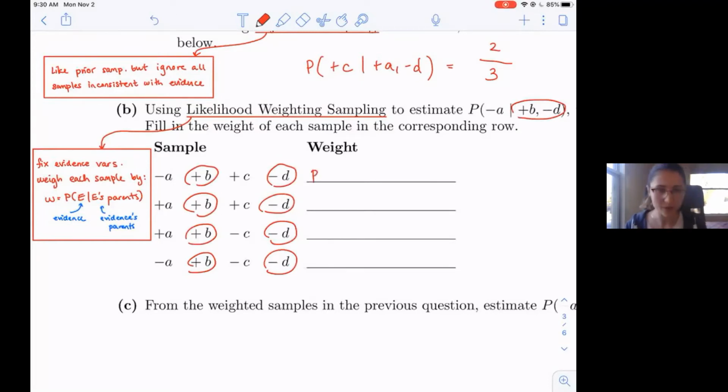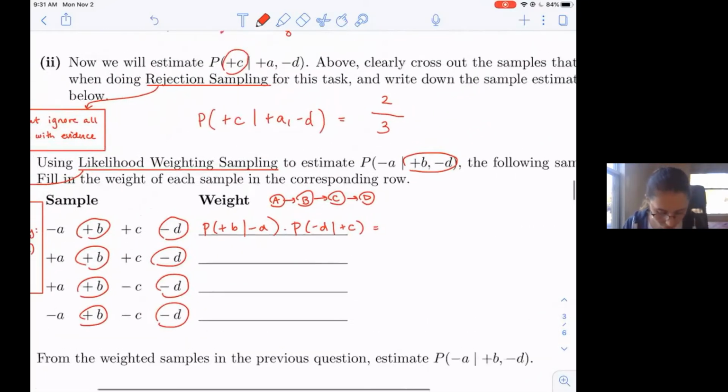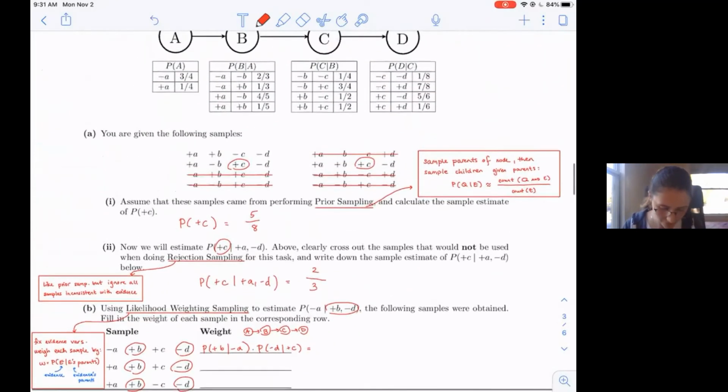So here in the very first one, we're going to be computing probability of plus B given B's parent. In this case, we have that Bayes net, which has the structure A, B, C, D, this big causal chain. So B's parent is just A. So we have P of plus B given minus A times, and then we're also going to consider minus D and minus D's parents, which is C. When we multiply these two together, we can query for these exact probability values from our tables.